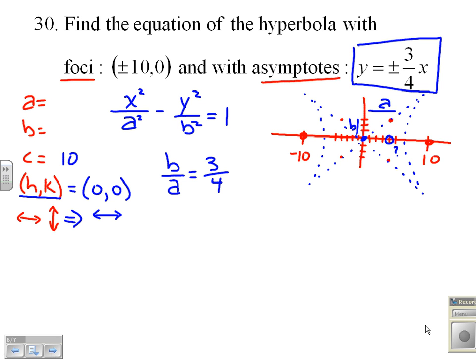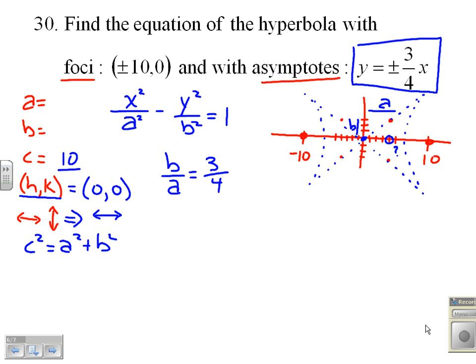Well, how is that helpful for us? I know a little bit about A and B. They're not necessarily 3 and 4. They're just in ratio 3 to 4. And I know a little bit about C, but I know a little more about A, B, and C. In a hyperbola, I know that C squared equals A squared plus B squared.